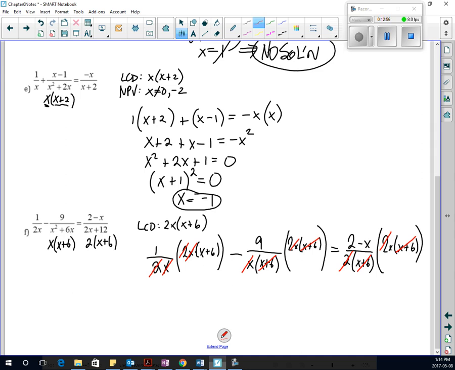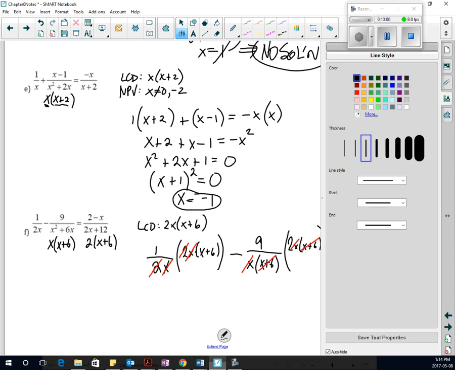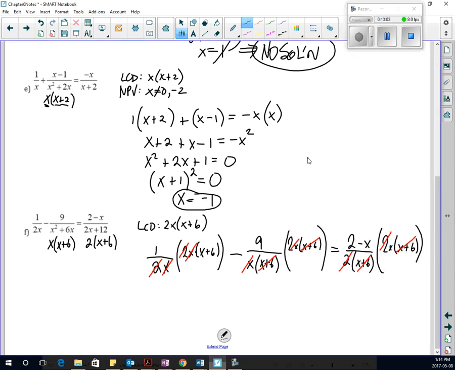Okay, so let's multiply this out. I have 1 times, the only thing left here is x plus 6, so I just get x plus 6. Now watch, this is a minus with a 9 here. So it looks like everything canceled except for this 2 here. So minus 9 times 2 is minus 18 equals.